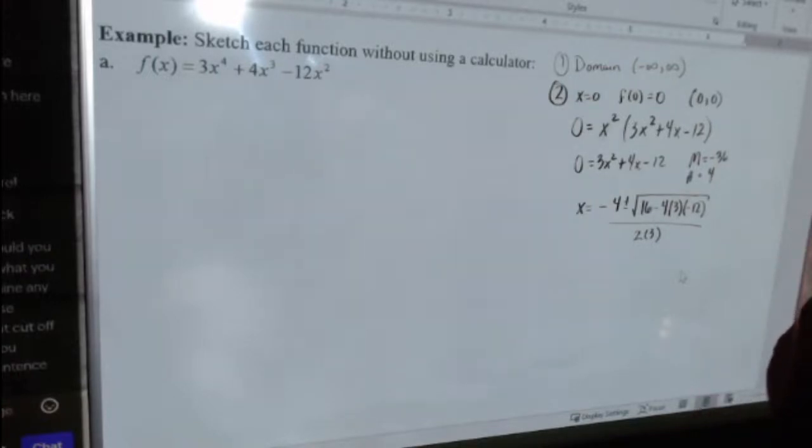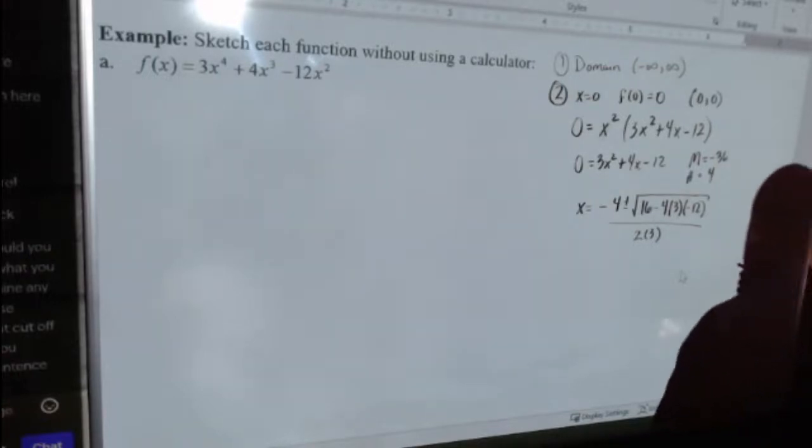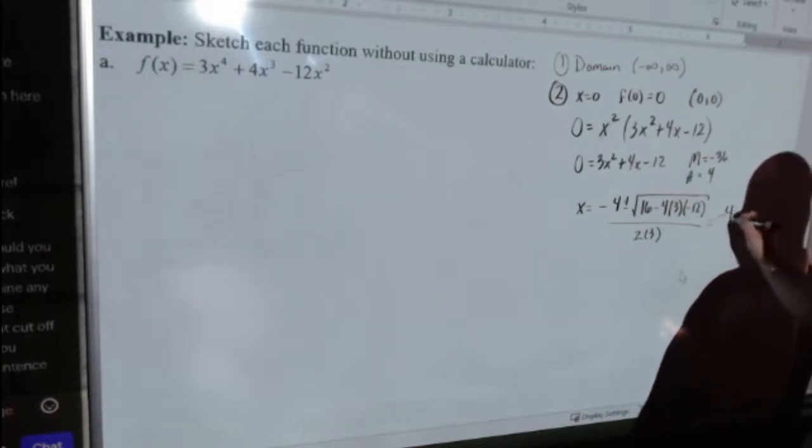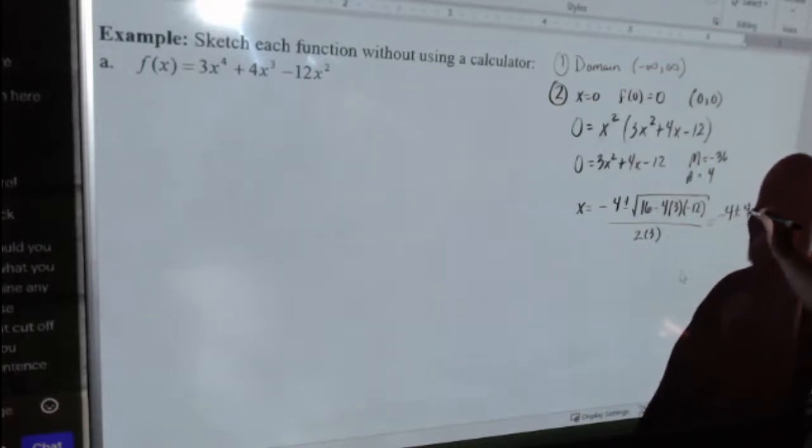This is going to be negative 4 plus or minus 4 square root of 10 all over 6, or negative 2 plus or minus 2 root 10 over 3.